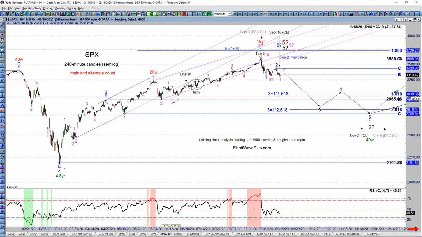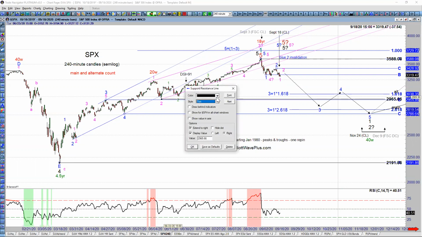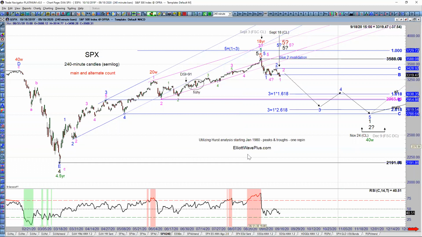Another really important target here would be returning back to the extreme of wave 2 within the prior extended 5th wave. So there's a zone, and that level is 29.65.